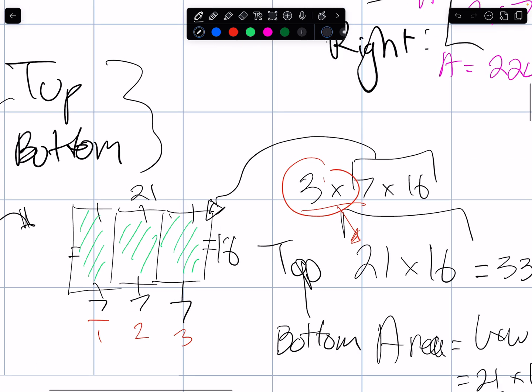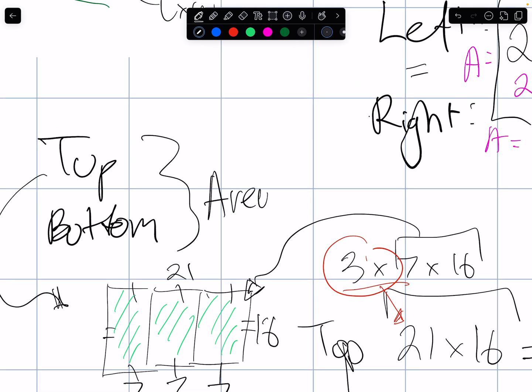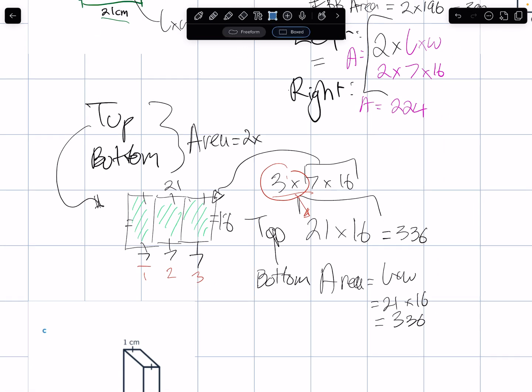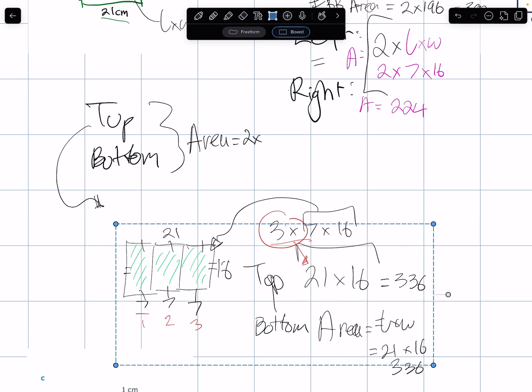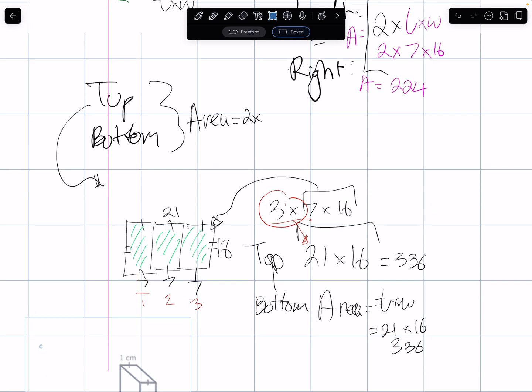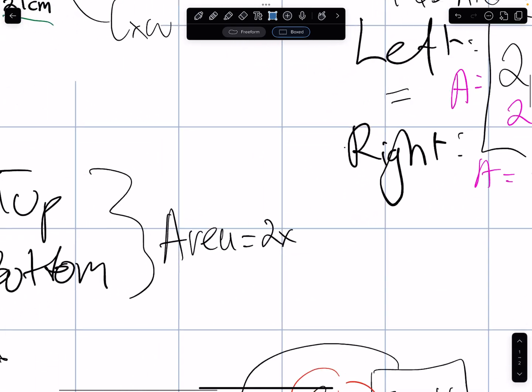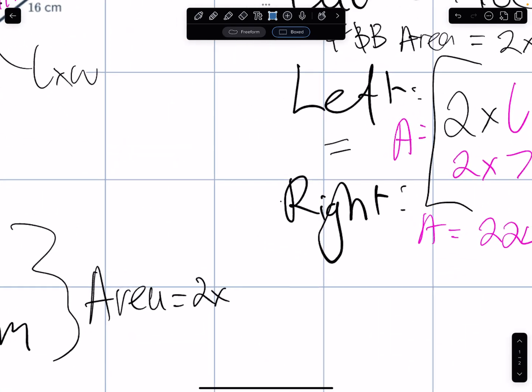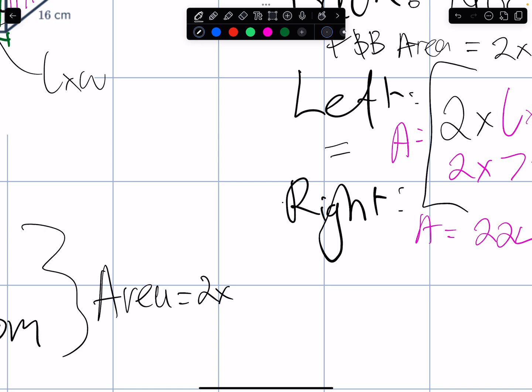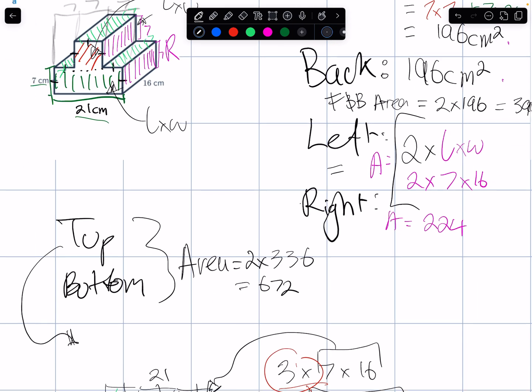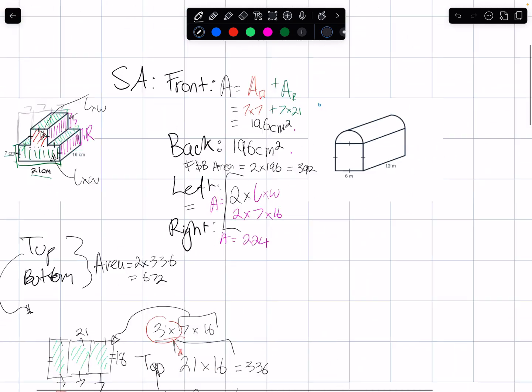So the area of our top and bottom is 2 by 336, which is 672.